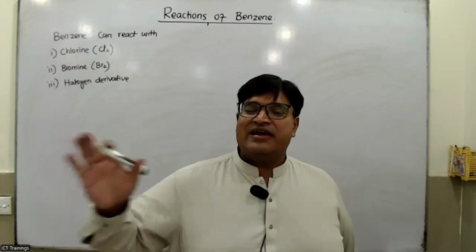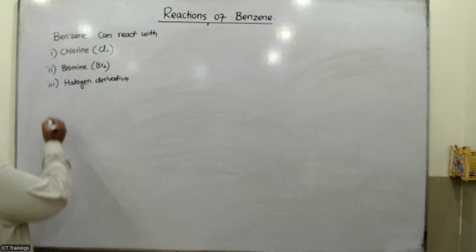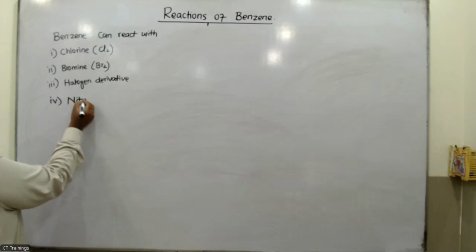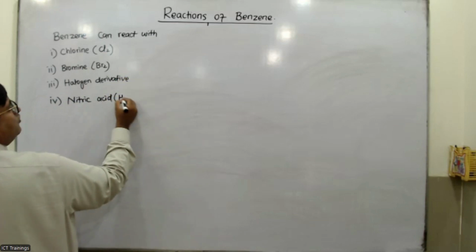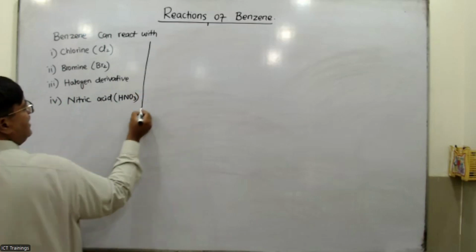Okay, so it could be anything. That is called the halogen derivative. And the last thing, my dear, is nitric acid. Okay, so these four reactions could take place with benzene.